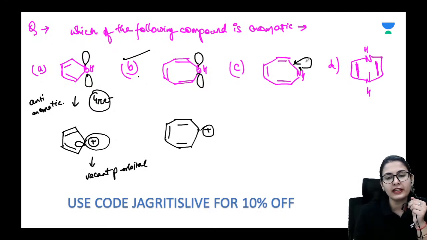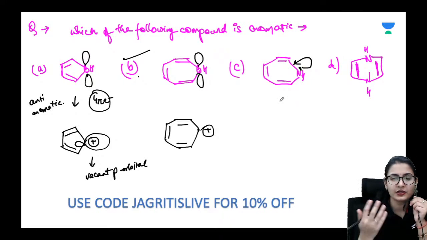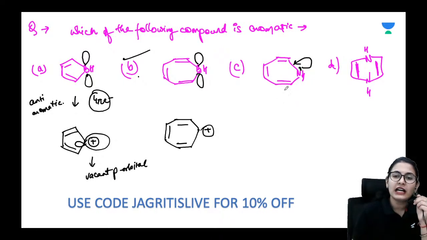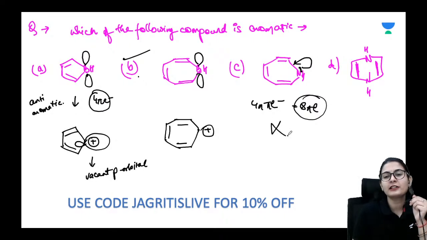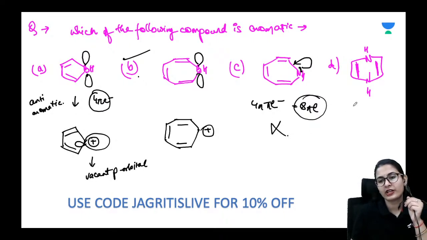Nitrogen has a lone pair. If it uses the lone pair in the system, without using the lone pair it cannot give delocalization because there is no vacant orbital. If the lone pair is used, it is going to become a 4n pi electron system or an 8 pi electron system, which is absolutely not stable, it will become anti-aromatic.